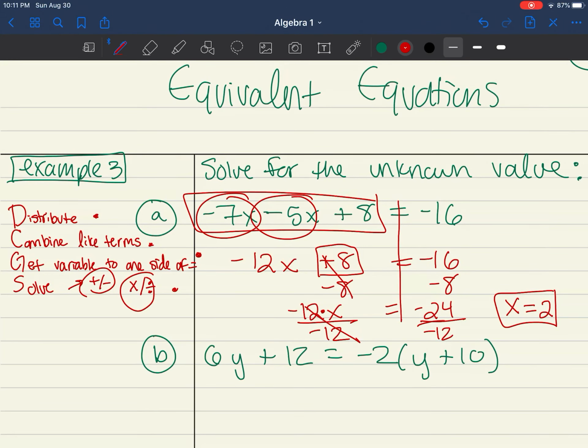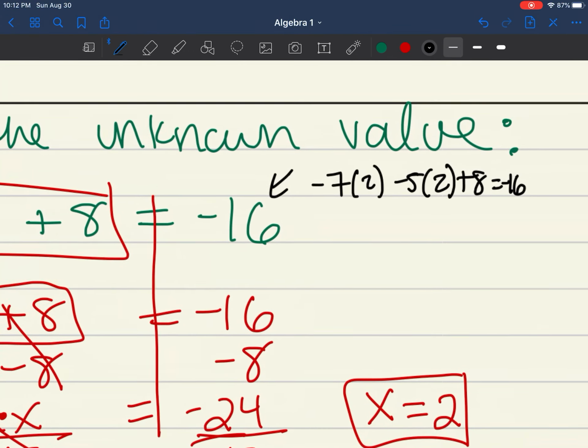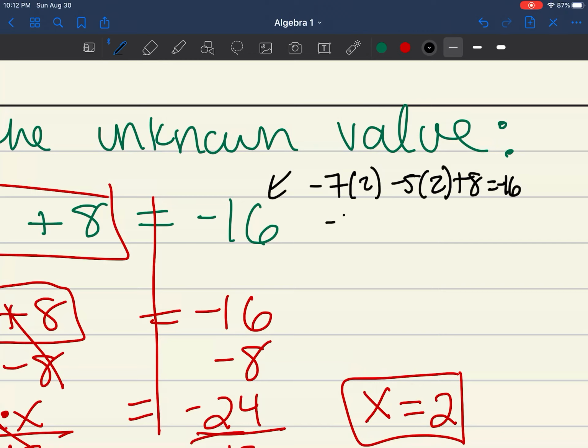And we can do a really quick check of that if we take our original equation and replace every x with 2. So negative 7 times 2 minus 5 times 2 plus 8 should give us negative 16. So then that's negative 14 minus 10 plus 8 equals negative 16. So just being very careful to watch my positives and negatives here.